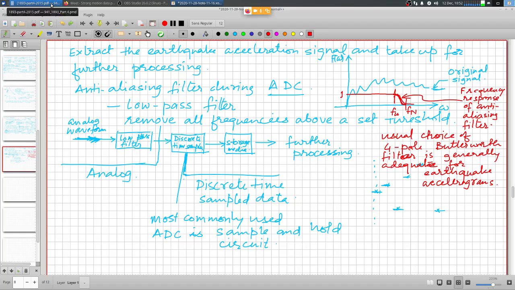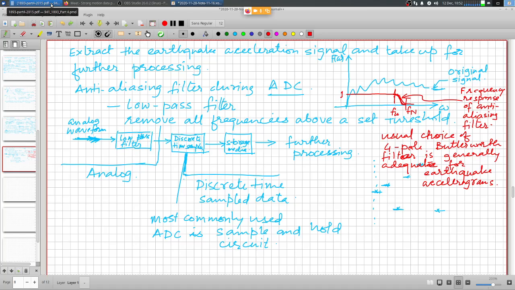Of course, there is no panacea, no one setting that can be used or will work for any kind of signal. There are different filters for different purposes, but the 4-pole Butterworth filter is generally found to be adequate for earthquake type of signals, and that is typically used.